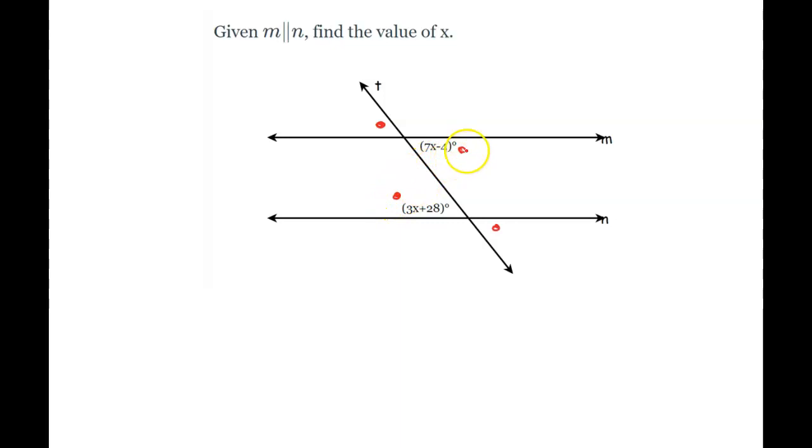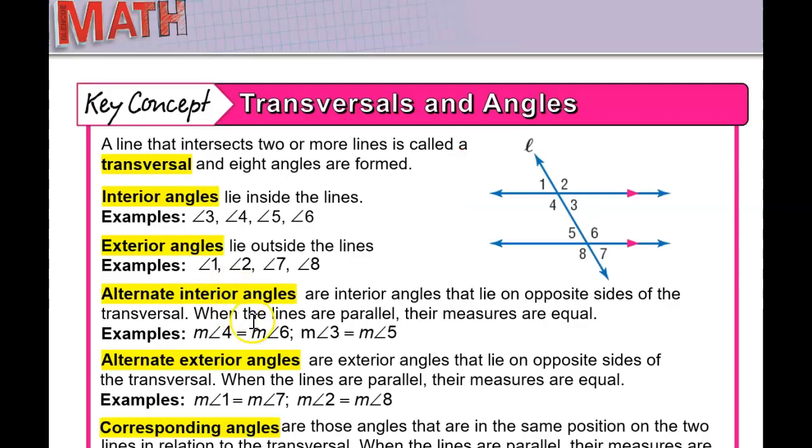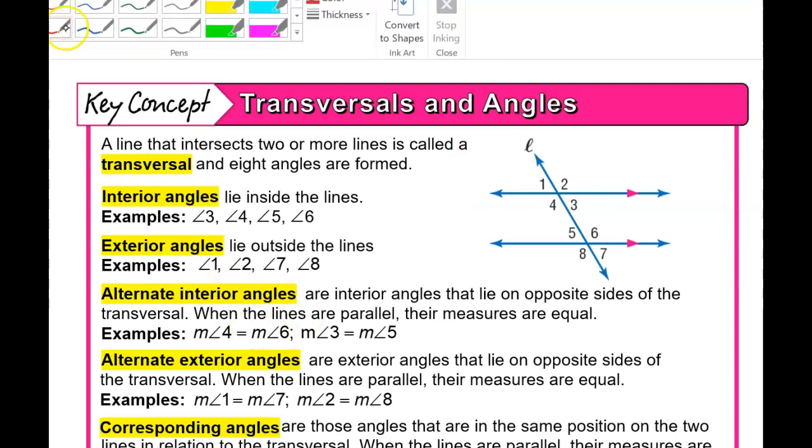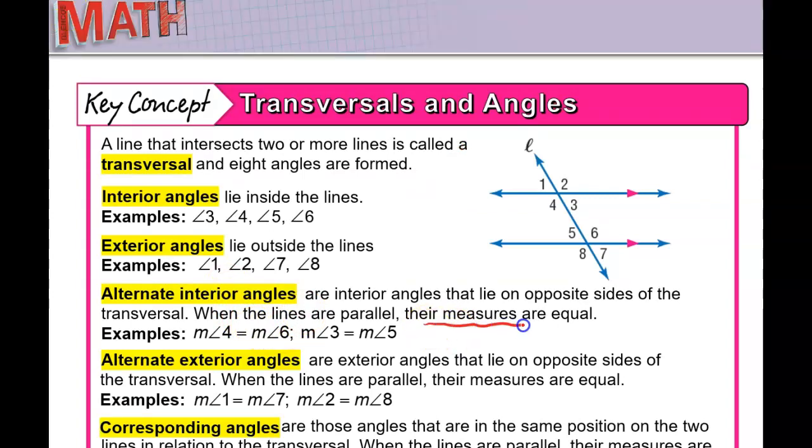And if you look at your definition, alternate interior angles, you just scroll back to that for a second. Those definitions that you saw in the last lesson, alternate interior angles says that their measures are equal. So the measures are equal.